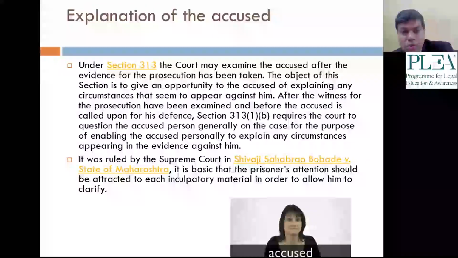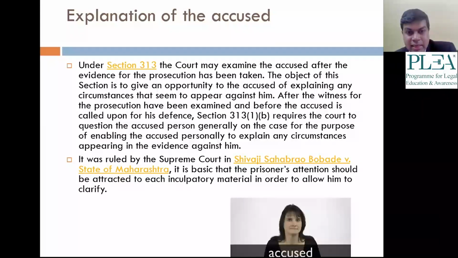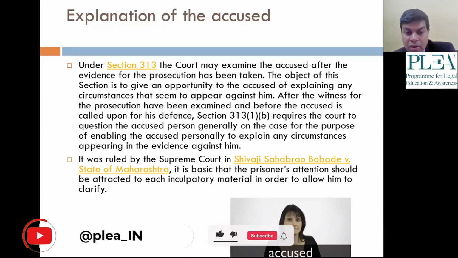Okay, under section 313, the court may examine the accused after the evidence for the prosecution has been taken. The object of the section is to give the accused an opportunity of explaining any circumstances that appear against him after the witnesses for the prosecution have been examined and before the accused is called upon for his defense.